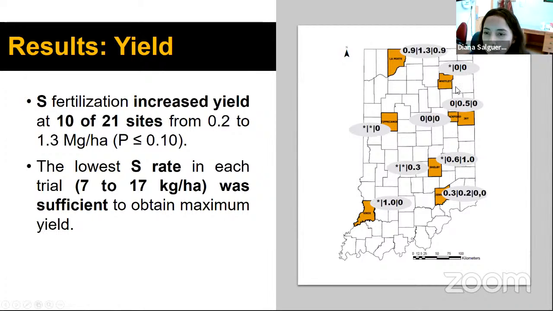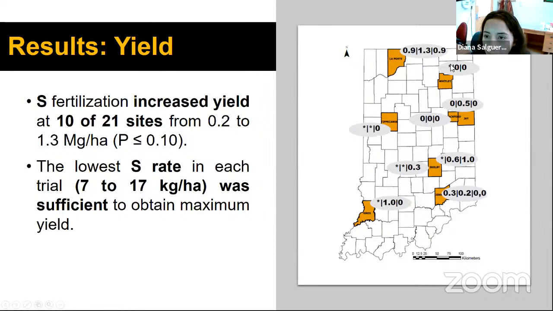Okay, so I have here 3 numbers. Every number represents the response for every year, starting with 2017, then the number in the middle will be 2018, and the last one, 2019.